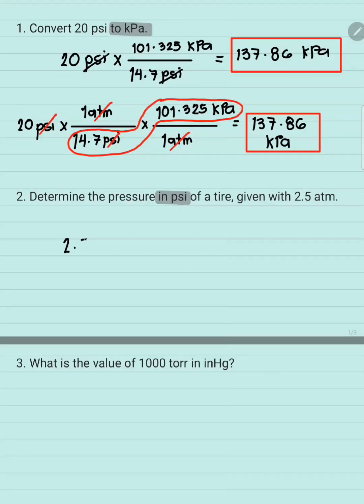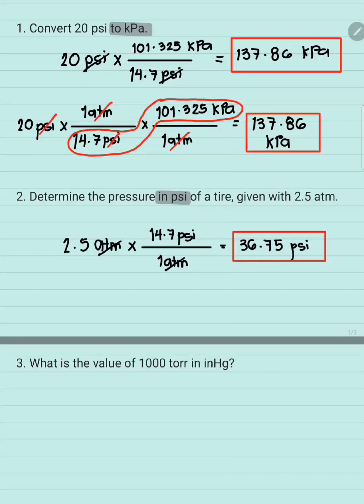We know that 1 ATM is equal to 14.7 psi. Cancel the units. This is 2.5 multiplied by 14.7 divided by 1, and we get 36.75 psi.